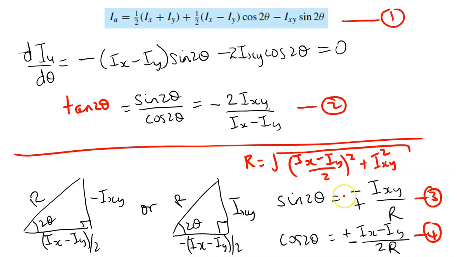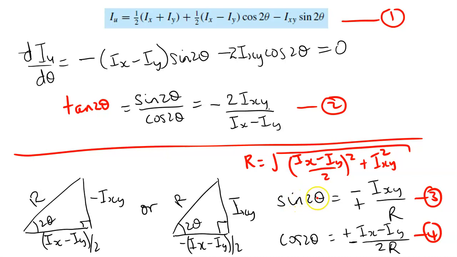If I substitute equations 3 and 4 into equation 1, then I'll get two values of Iu. The larger value is going to be I1, the maximum moment of area, and the smaller value I2 is going to be the minimum moment of area, right?